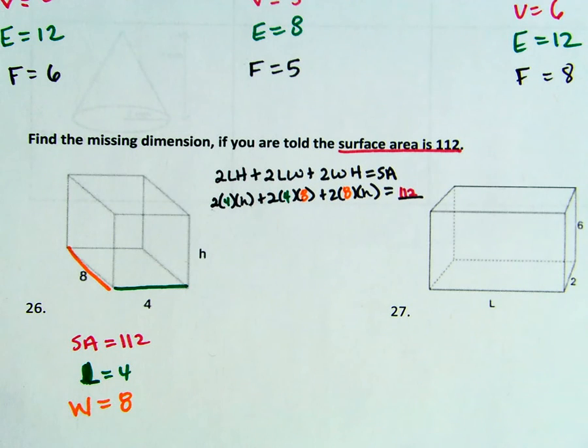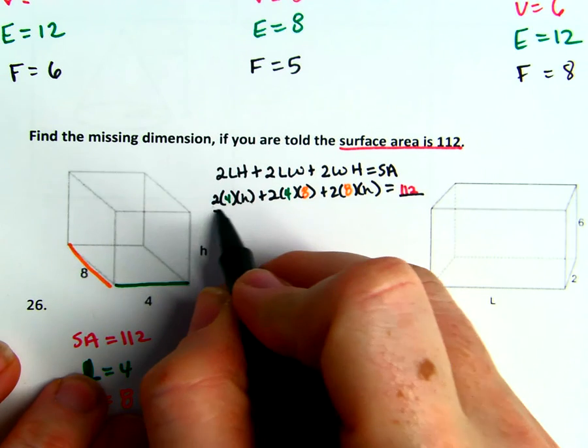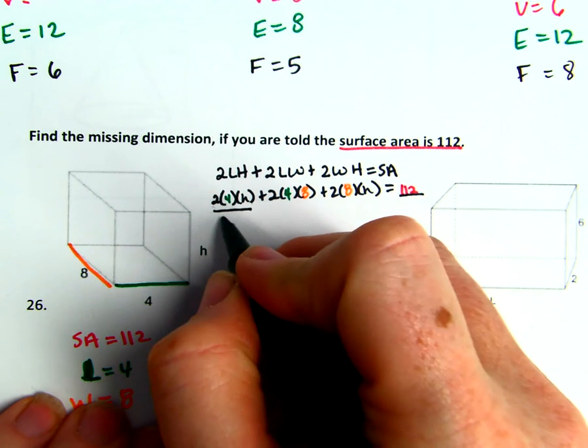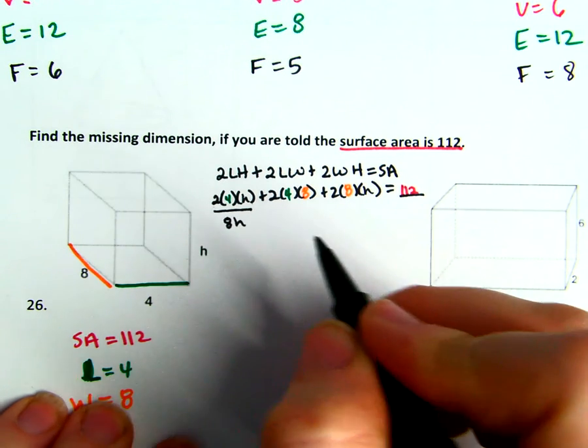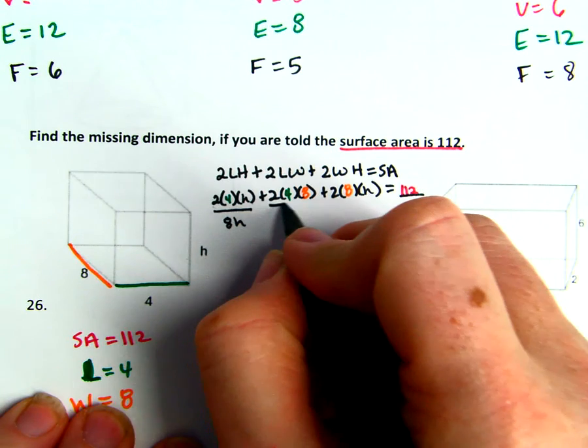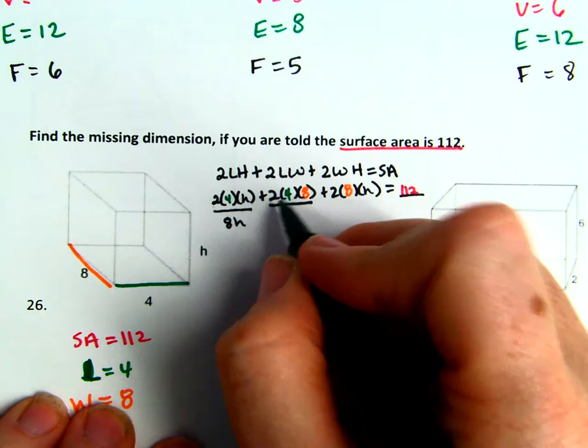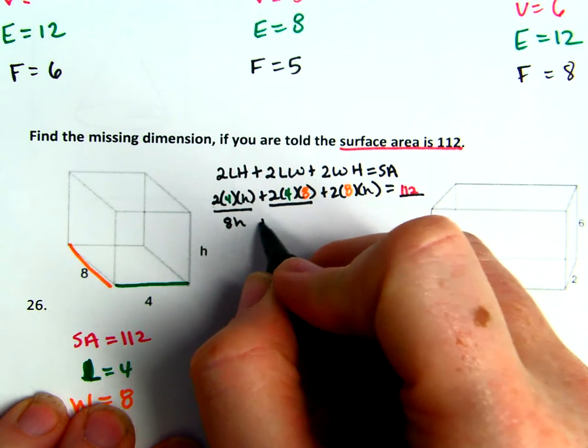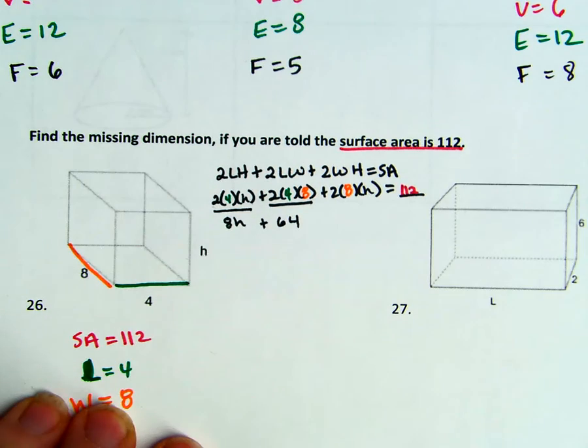Then from here, I can simplify my problem. 2 times 4 times h: 2 times 4 is 8, so that becomes 8h. And 2 times 4 times 8 is 8 times 8, which is 64, so that's plus 64.